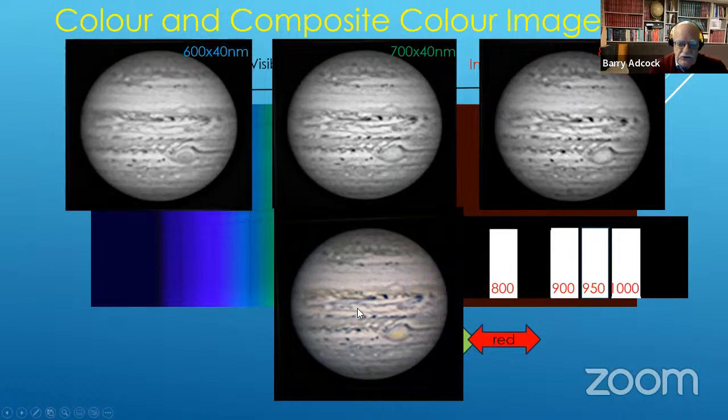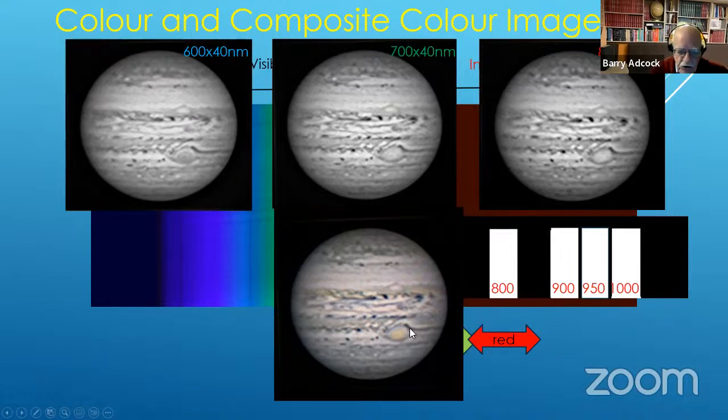Again, I emphasize that the image of Jupiter at 800 nanometers is always more contrasty than the others. And that's why in that particular picture, red is allocated to 800 nanometers, and that's why it has a pink hue appearance to it.